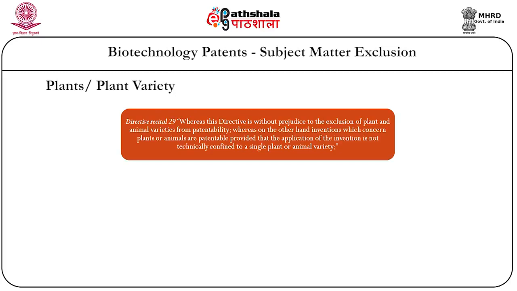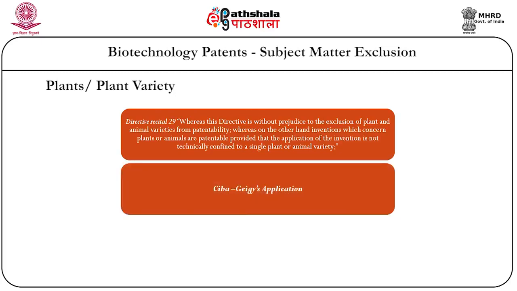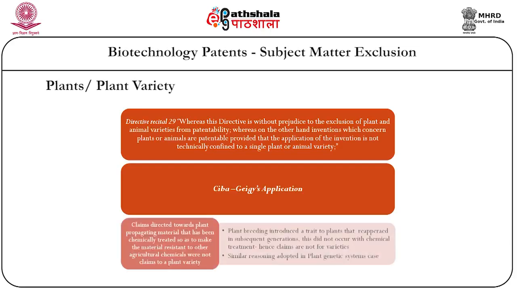Now, one of the applications, that is Ciba-Geigy's application, had claims directed towards plant propagating material that has been chemically treated so as to make the material resistant to agricultural chemicals. The question was whether or not these claims were directed to a plant or plant variety.